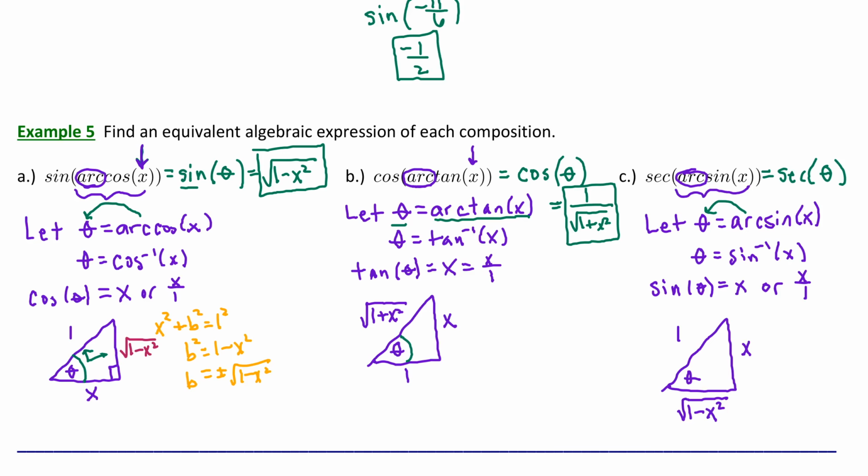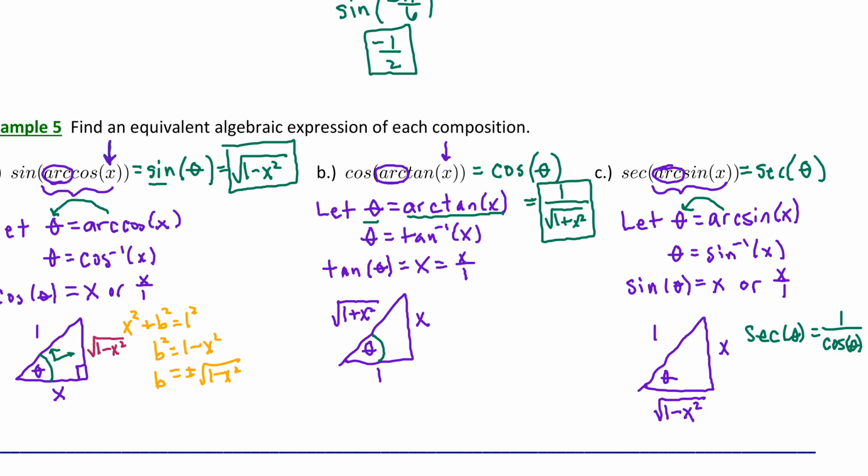Okay, I'm going to drop down here. Secant of theta, recall, is 1 over cosine of theta. Have you noticed trigonometry is all about relationships, learning the relationships in between functions. Secant and cosine have that reciprocal relationship. From our right triangle, we can evaluate cosine of theta.